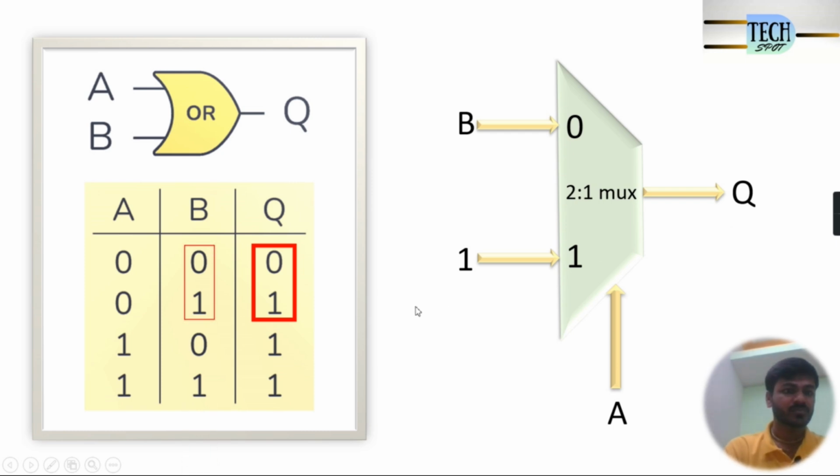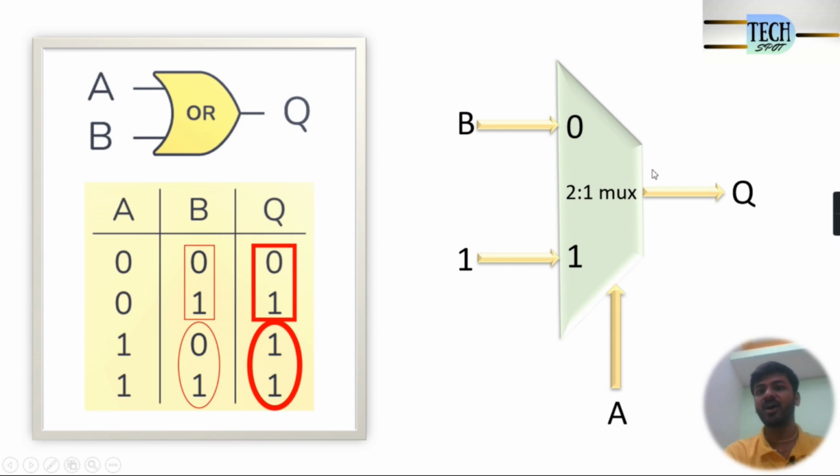If you see the truth table, for select line A equal to 1, the output is 1 only, though the value of B is 0, 1. So that is the reason I have connected input 1 for select line A equal to 1. So as per the truth table of the OR gate, we are getting the output from this 2:1 mux. This is how we can implement the OR gate.